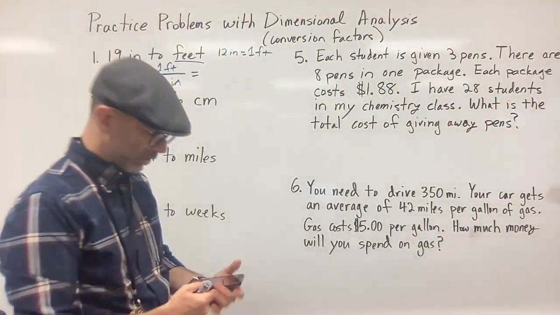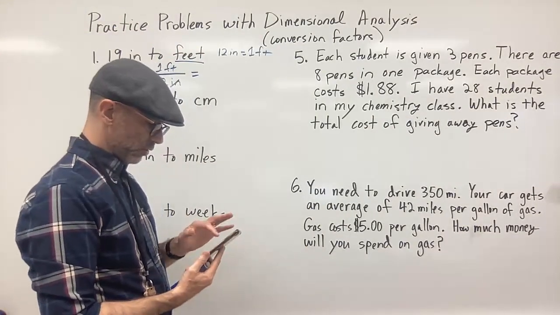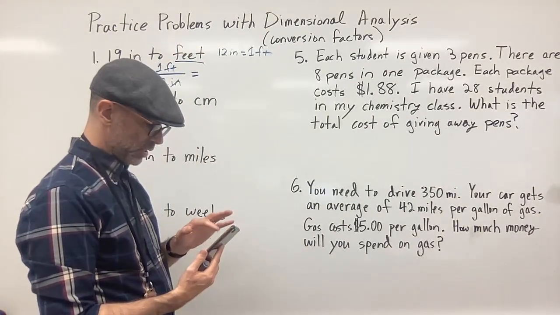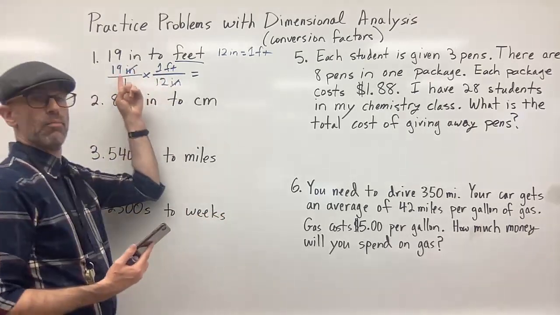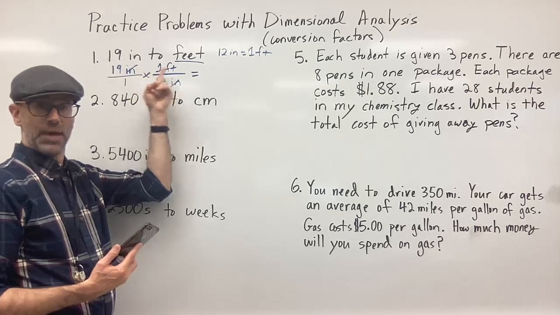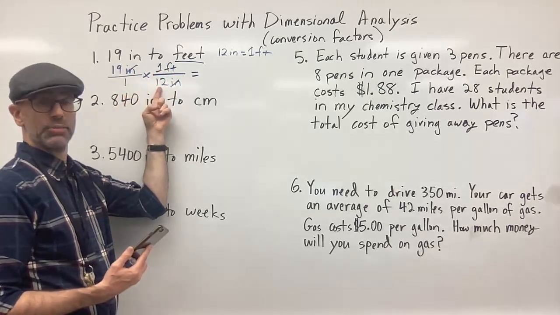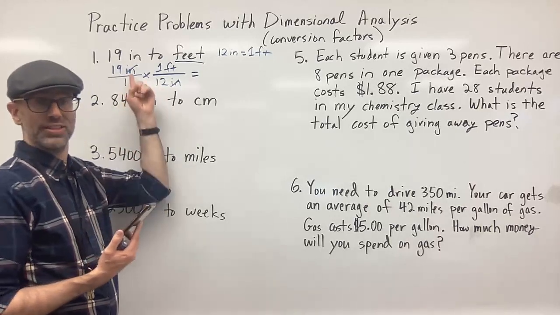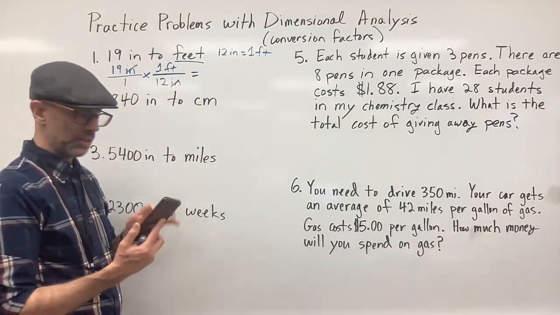So I've got my calculator now. Hold on a second. So whenever you set this up, you're going to multiply across the top. Everything on the top you multiply by. Everything on the bottom you divide by. I like to just do the top first, multiply by everything, and then divide by everything on the bottom.